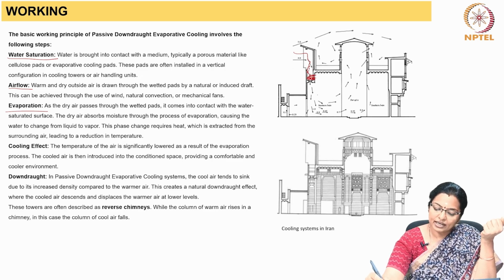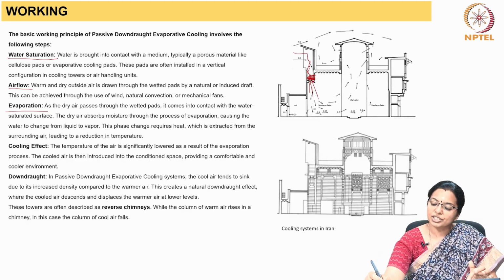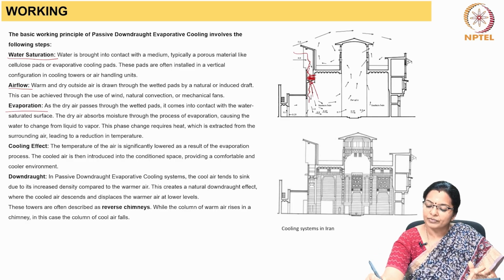The dry air absorbs moisture through the process of evaporation, causing the water to change from liquid to vapor. This phase change requires heat which is extracted from the surrounding air, leading to a reduction in its temperature. So, the air which comes out is cooler.